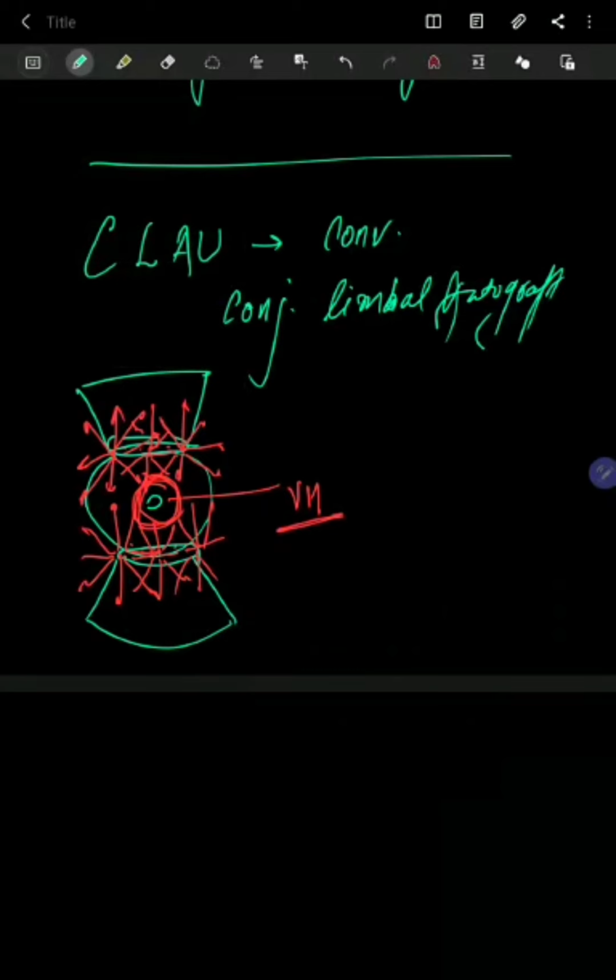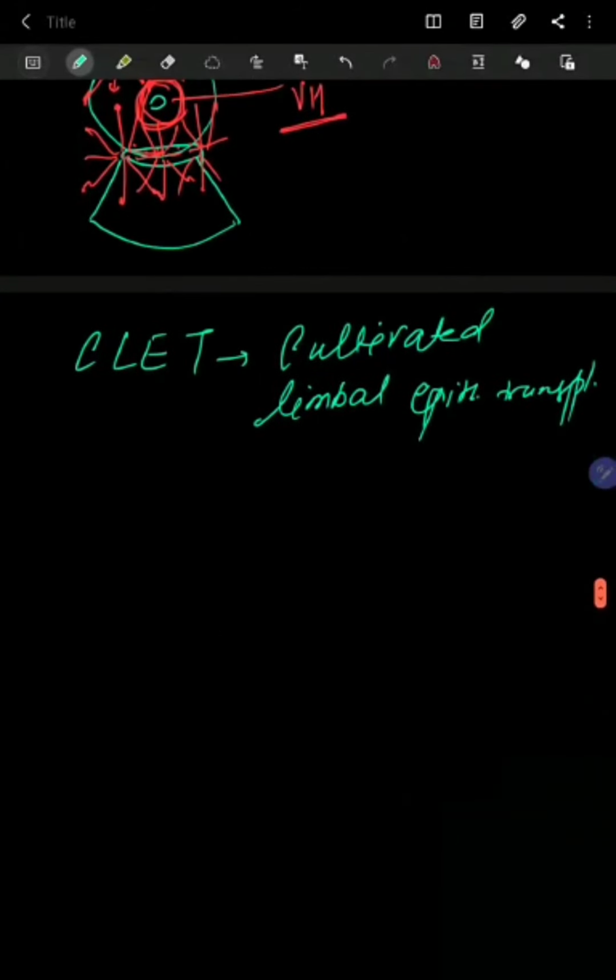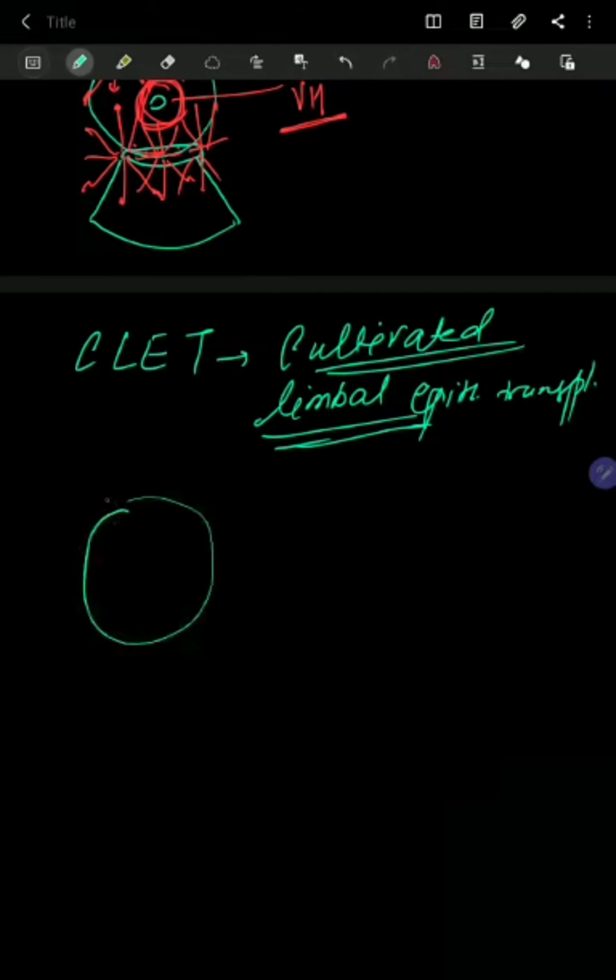Another method that came into existence was CLET, which stands for cultivated limbal epithelial transplant. As you can understand from the name itself, a 2 by 2 mm limbus was excised from the contralateral eye, and then grown in a laboratory with a culture media.